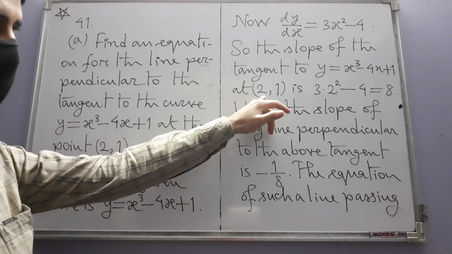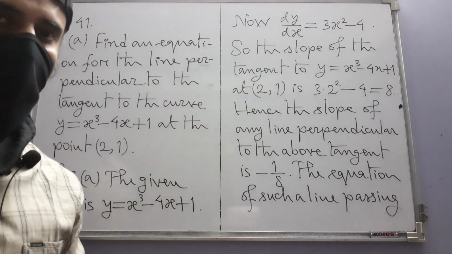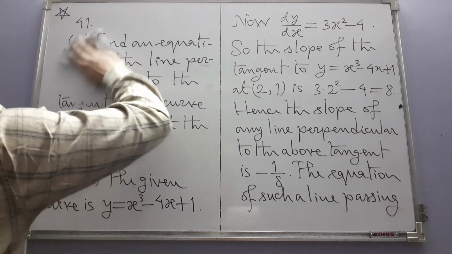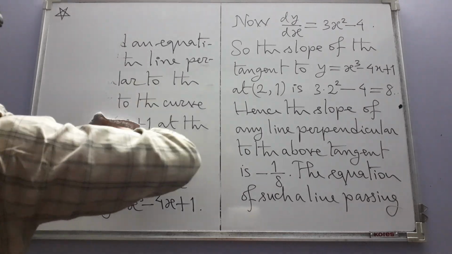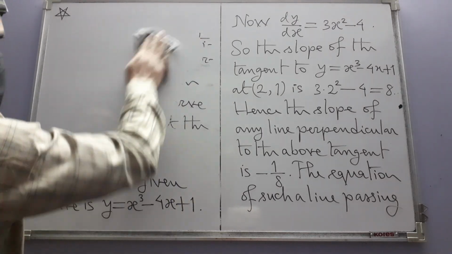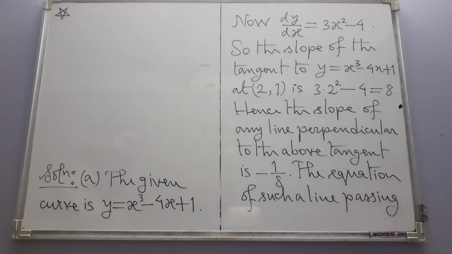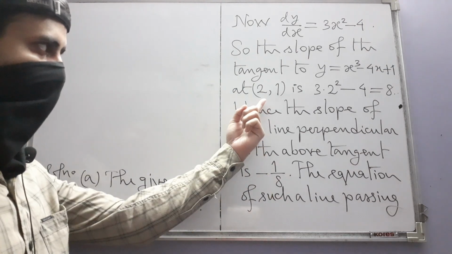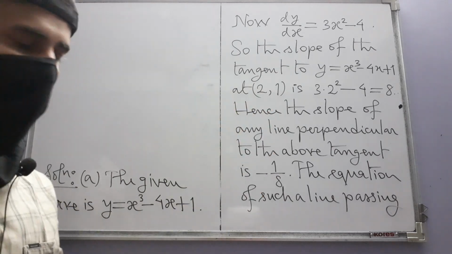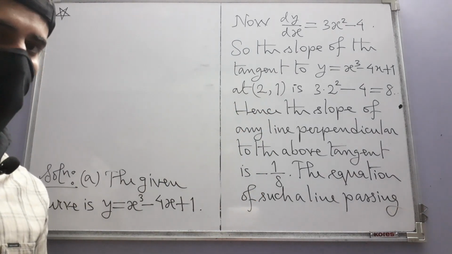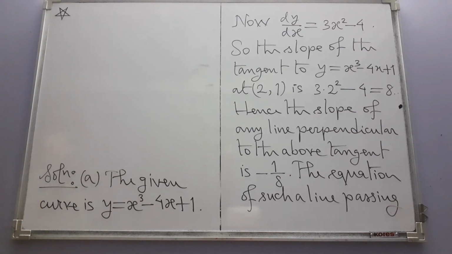But we need the one which also passes through the point (2, 1). So you can now write the equation. You know the point through which the line has to pass. You also know its slope, so you can write the point slope form of the equation, which is just this.